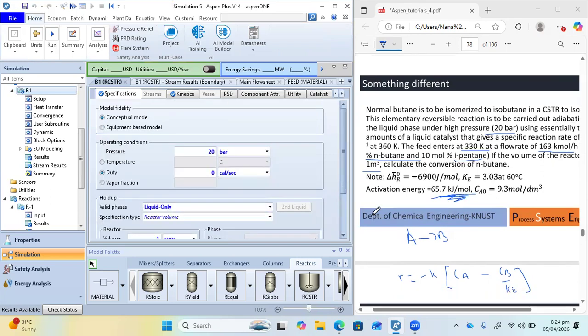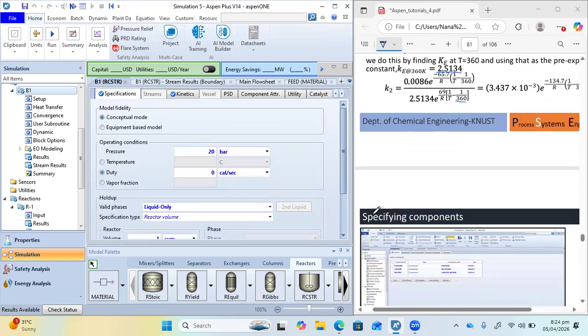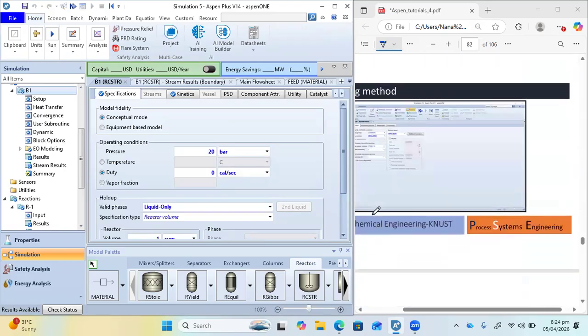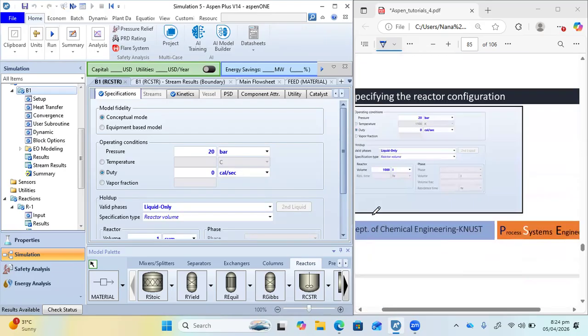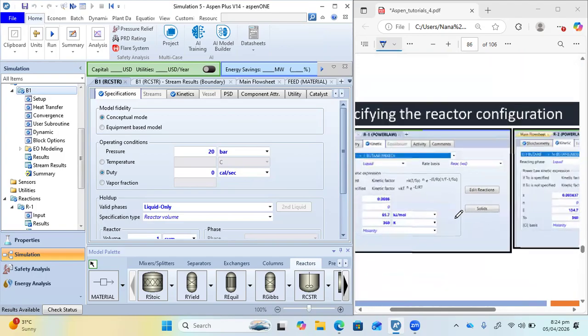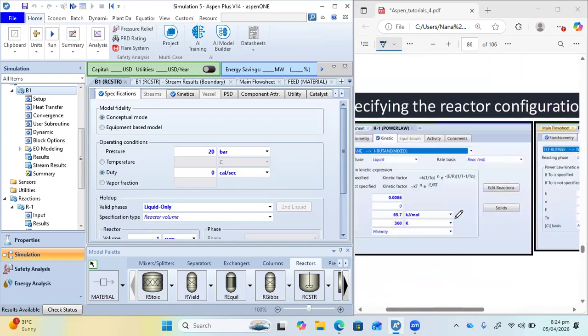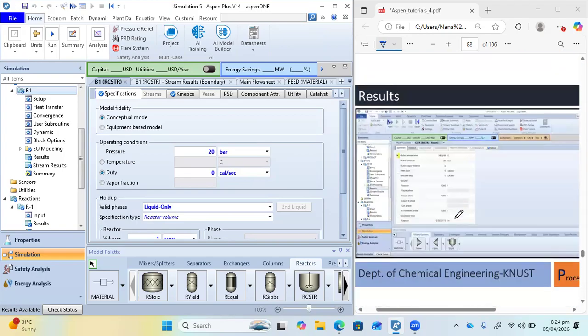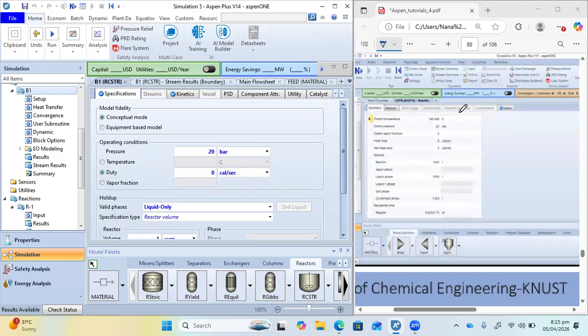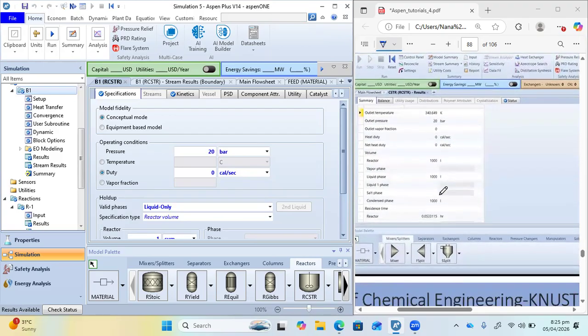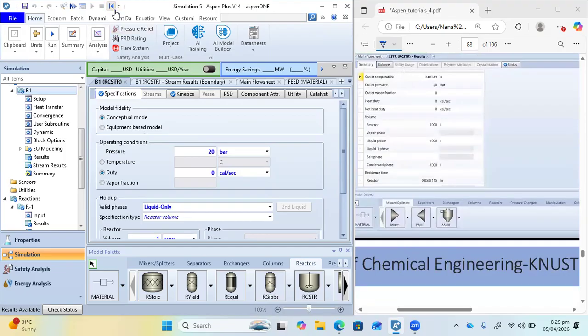That was a very, very small amount. I think we got all the specifications. Yeah, the temperature should have been different if it was adiabatic.